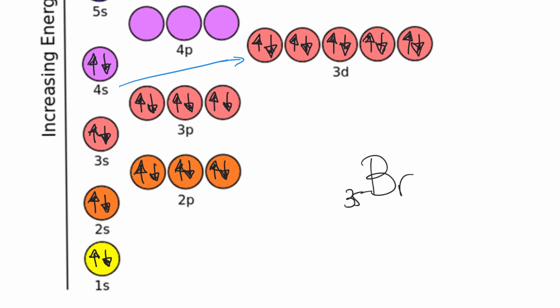Now from the 3d, we move to the 4p because that's the next higher set of energy orbitals. 31, 32, 33, 34, and 35. So here is the orbital diagram for the atom of bromine. Hopefully by the end of this video, you have a good understanding of how to draw orbital diagrams of atoms.